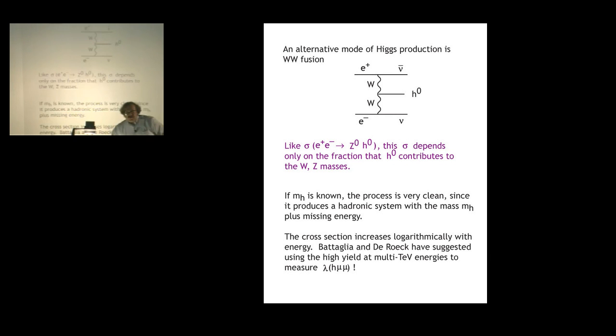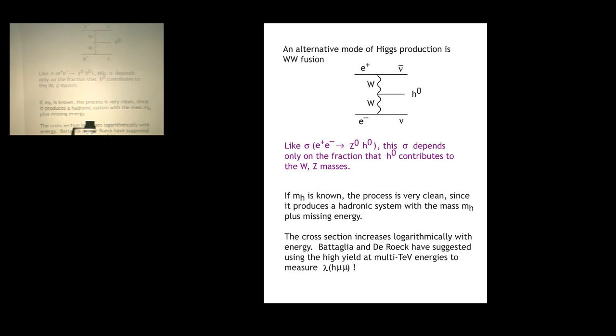There are some other processes which are interesting for the study of a light Higgs. A very important one is WW fusion, e+ e- to W pairs plus neutrinos, where the W's then fuse into a Higgs. Again, this diagram, like the diagram for e+ e- to Z Higgs, depends on the vertex that gives the W boson its mass.